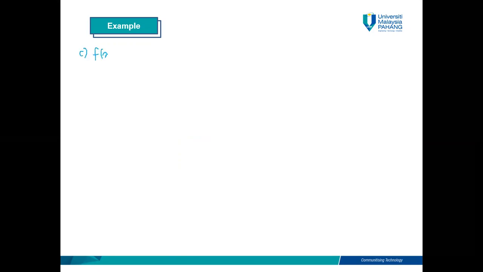C. f(x) is equal to 1 over x. Okay, ini differentiate jadi apa? By using first principle. Okay, f prime x is equal to limit of 1 over x plus h minus 1 over x over h when h approaches to 0.